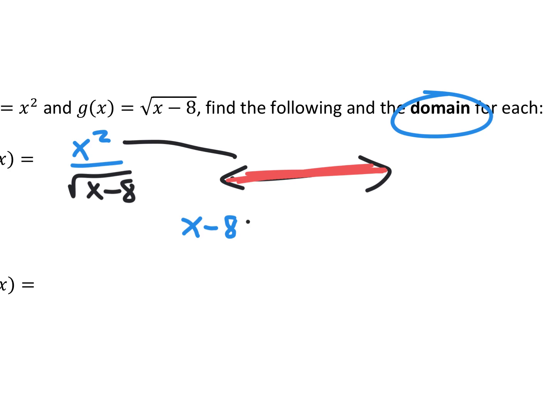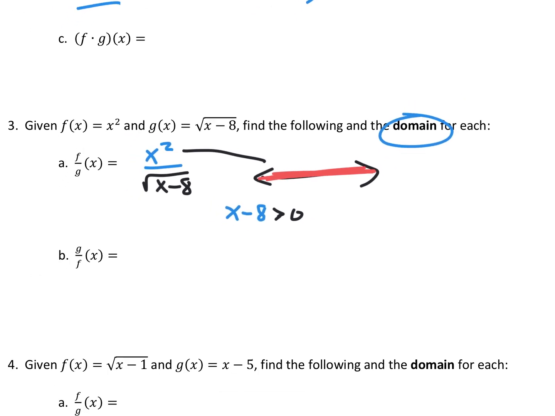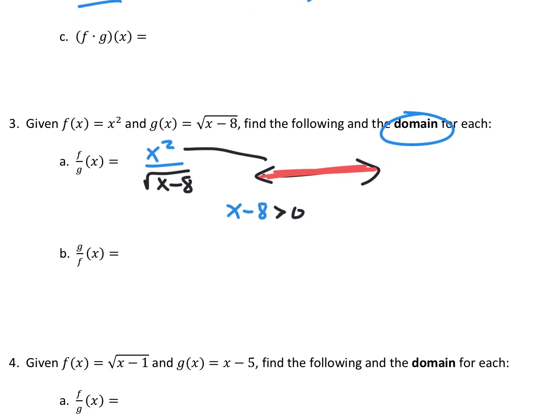It has to be greater than 0. It can't be 0 because it's on the bottom. And then that gets put on my number line, and all of a sudden, it's not all reals anymore. So when you have a fraction, we can't forget that we already knew how to do those a minute ago. The top tells you that everything works. The bottom tells you what doesn't work.